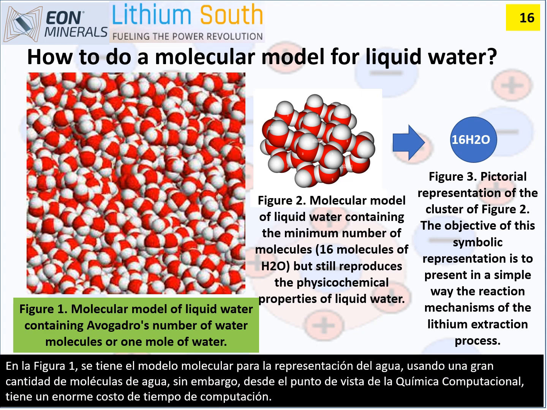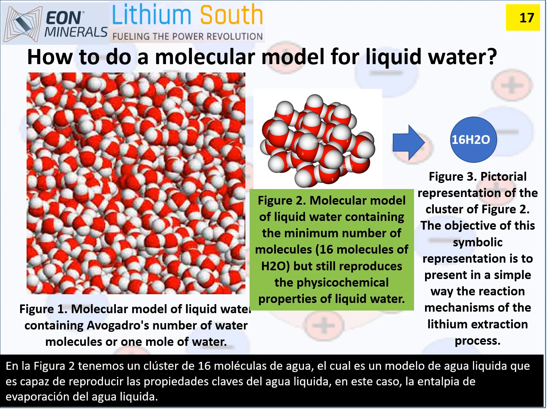In figure 1, we have the molecular model for representation of liquid water, using a large number of water molecules. However, from the point of view of computational chemistry, it has a huge cost of computation time.